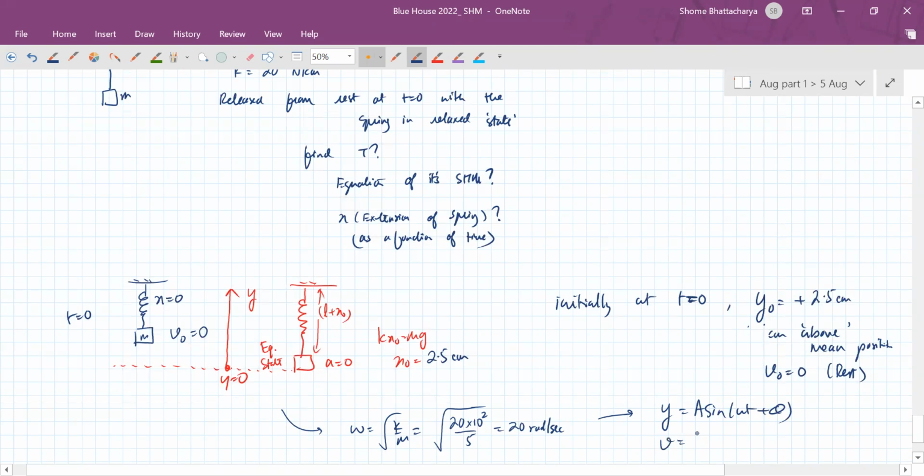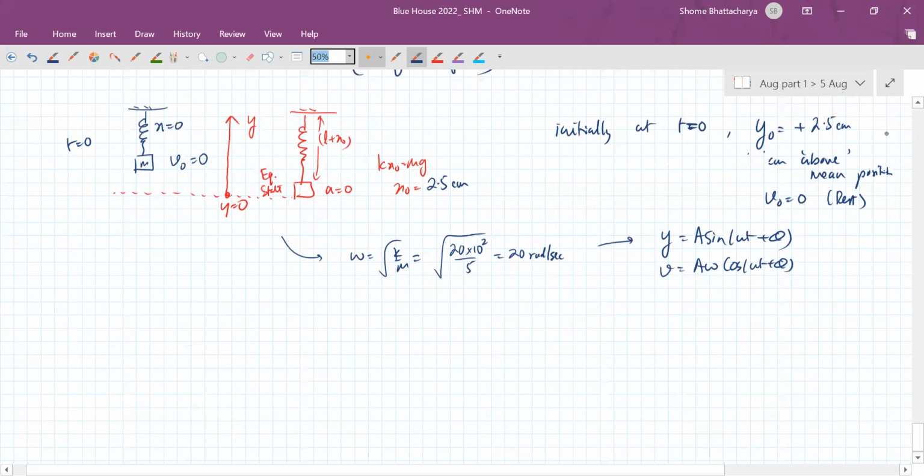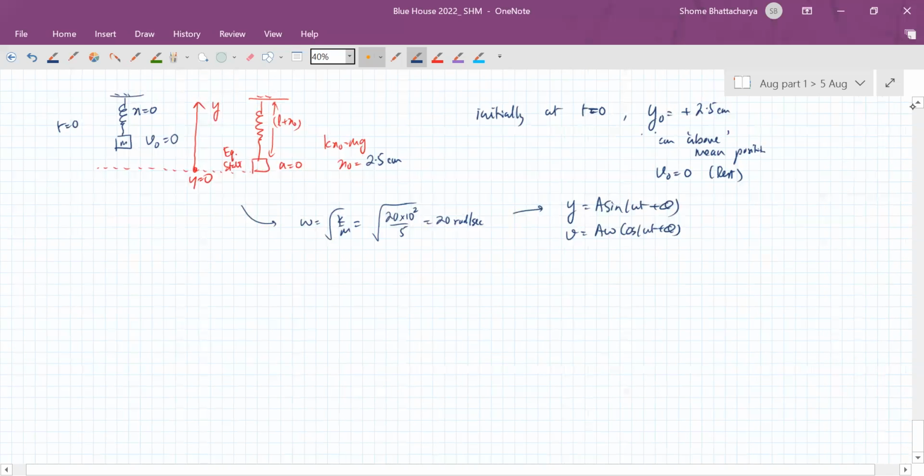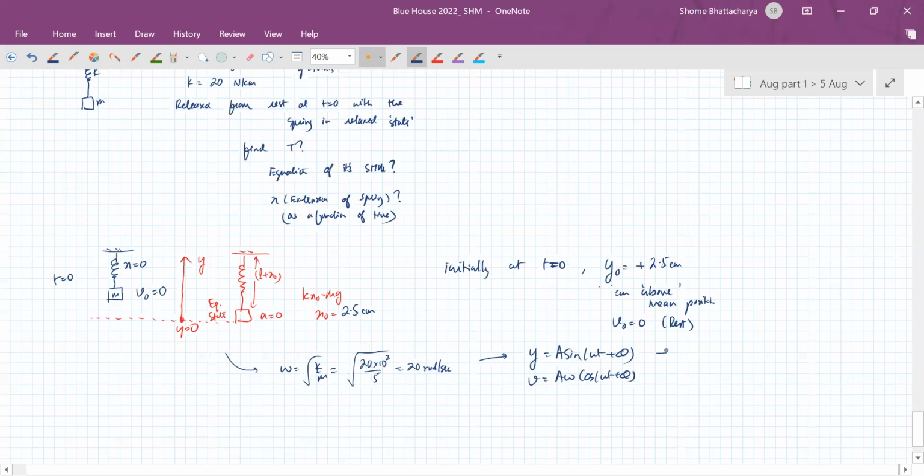So the velocity is A omega into cos of omega t plus phi. Now applying the initial conditions, we'll get the value of amplitude and phase constant. So y naught, which is A sine phi, is plus 2.5 centimeters, and v naught, which is A omega cos phi, is 0.